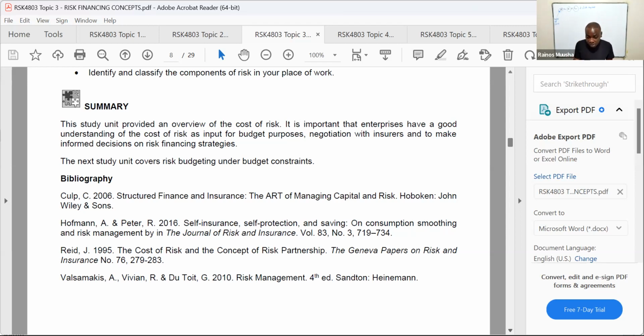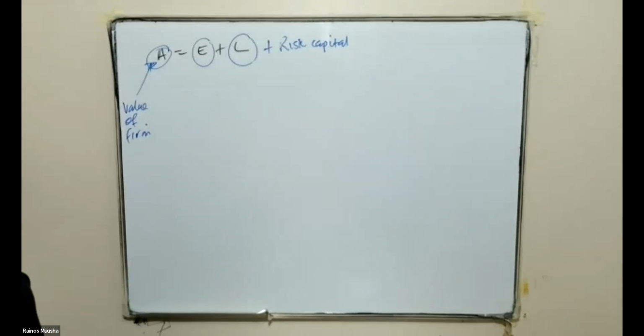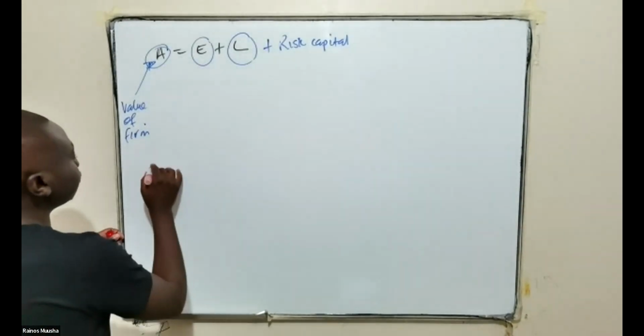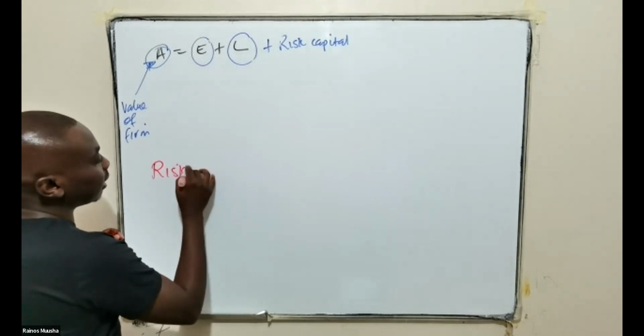Based on this, how much of this cost of risk are you retaining for your own account, and how much are you transferring to the insurance? Because remember, when it comes to risk management and your risk factors, two things can happen.